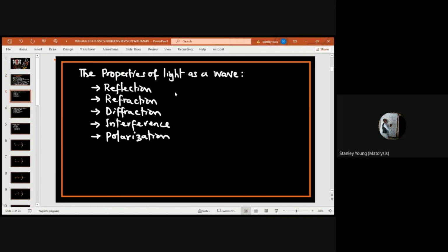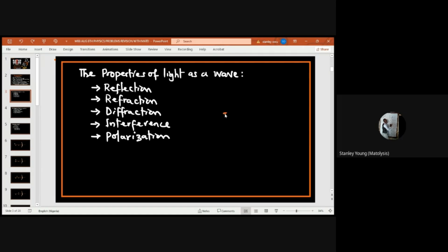So what are the properties of light as a wave? These are the properties you should think of: reflection, refraction, diffraction, interference, and polarization. Reflection itself is the repropagation of a wave when it hits what? A boundary.